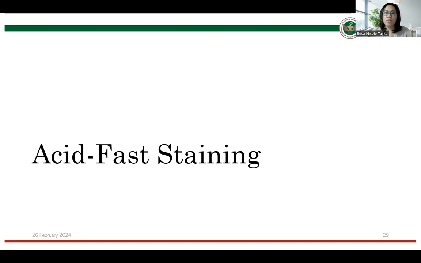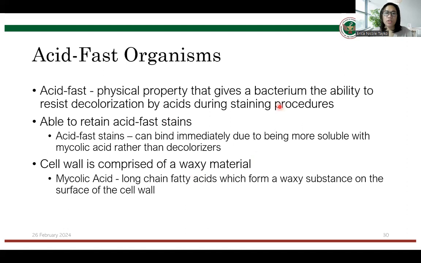So generally, we have two species lang naman no, that are acid-fast, your Mycobacterium and your Nocardia species. Okay. So your acid-fast organisms, the reason why we call them acid-fast is because they have a physical property that gives them the ability to resist decolorization during staining procedures.